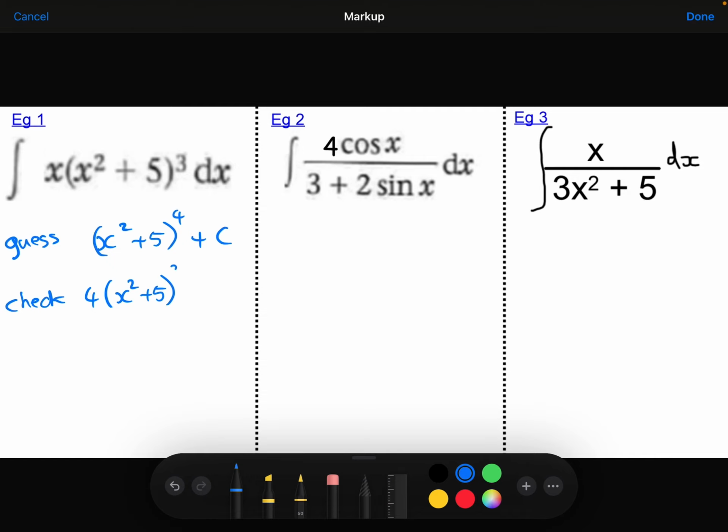And take 1 away from the power. And then, by the chain rule, I'd have to multiply that by the derivative of the inside, which is 2x. And then, obviously, the plus c would differentiate to be 0. Right, the 4 times the 2x is 8x.